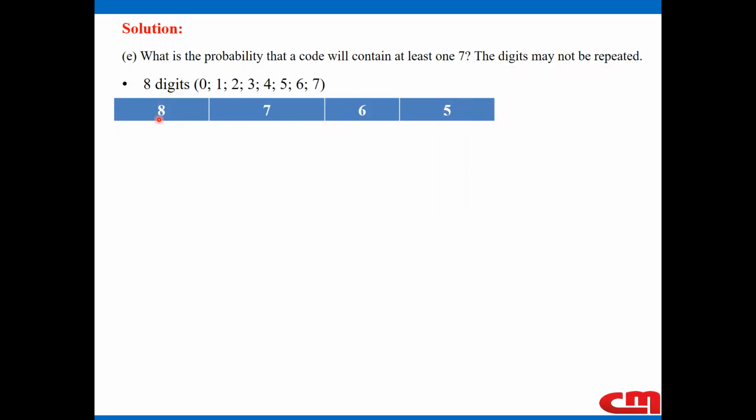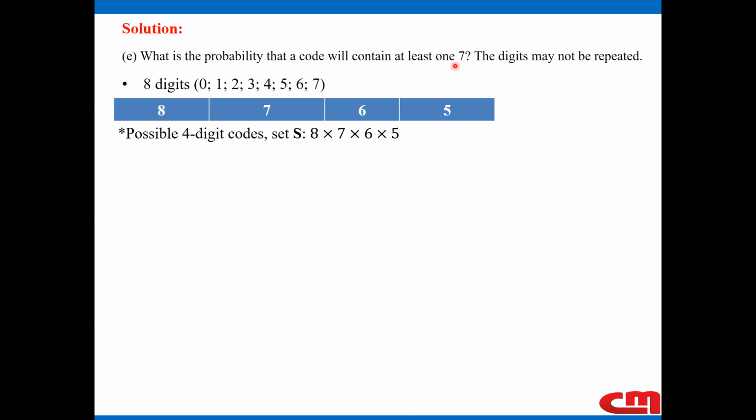So it will be the first. Once it's filled, I'm left with 7. Once it's filled, 6. Once it's filled, it's 5. Using the fundamental counting principle, we are saying the possible 4 digit codes set S is 8 times 7 times 6 times 5, right?